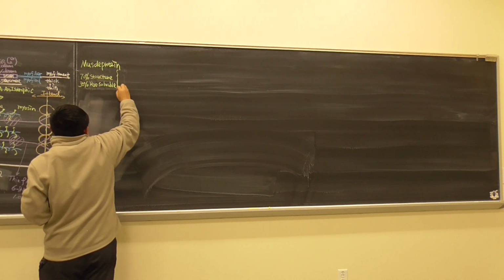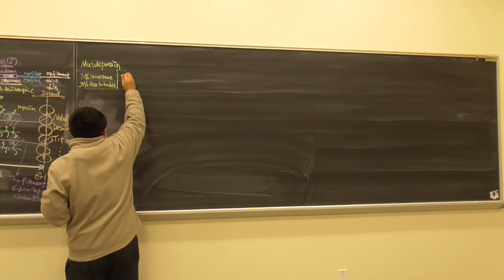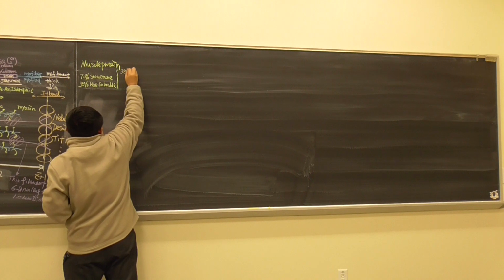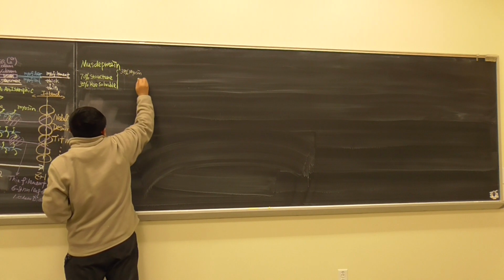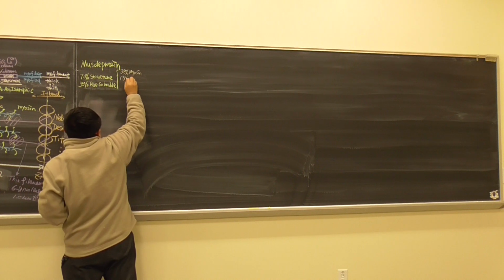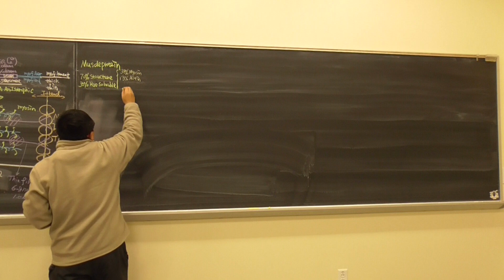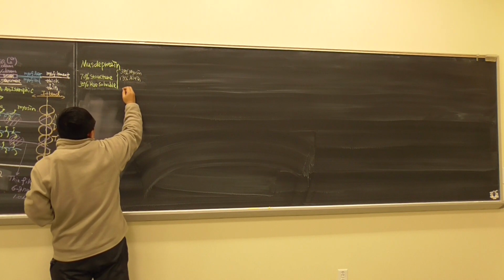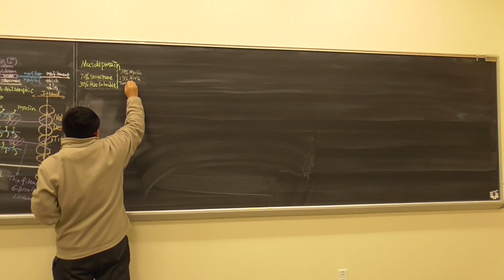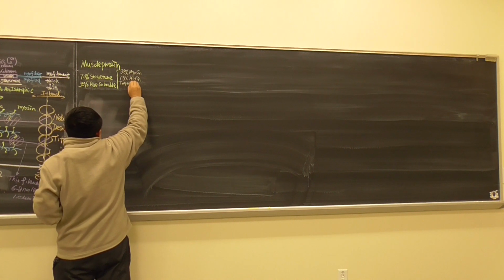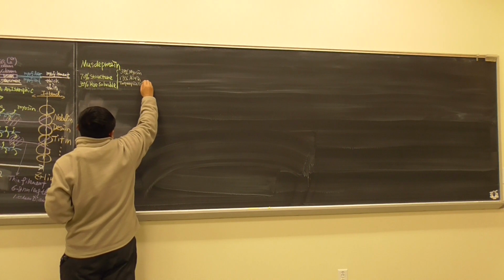And among the 70% structural protein, 38% is myosin. 13% roughly is actin. And the leftover is what we call tropomyosin, which is about 10%.